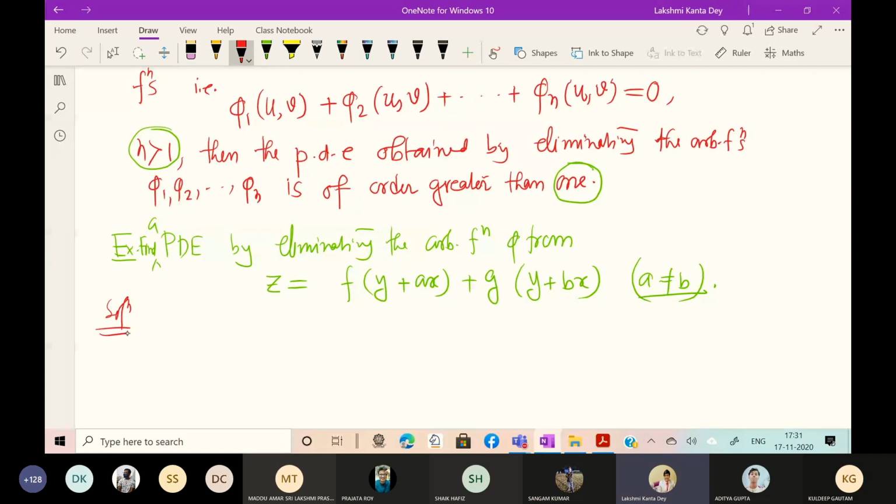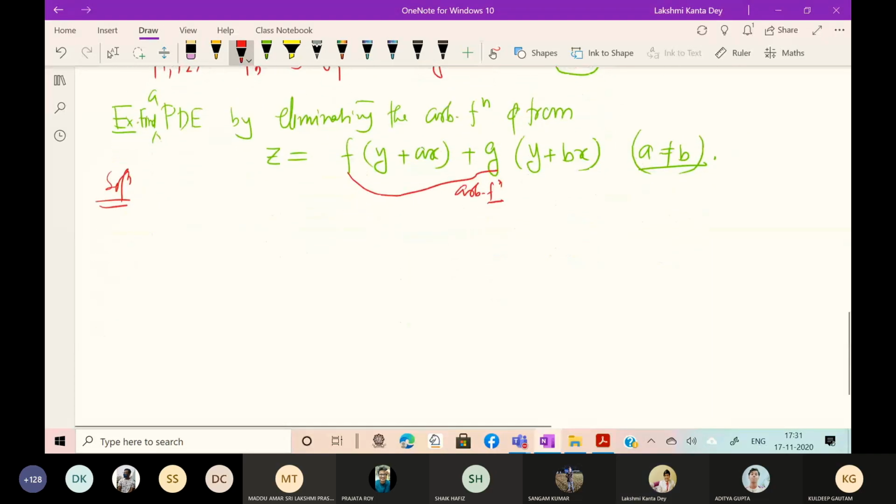Solution. You understand that these two things are arbitrary functions. And what about a and b? Sir, arbitrary constants. No, sorry, a and b are constants. These are not equal. Okay, so arbitrary functions f and g.